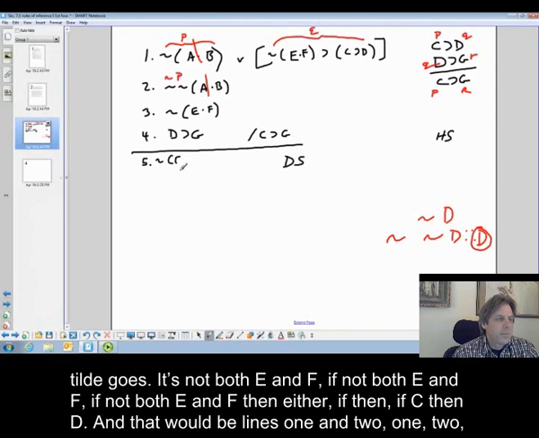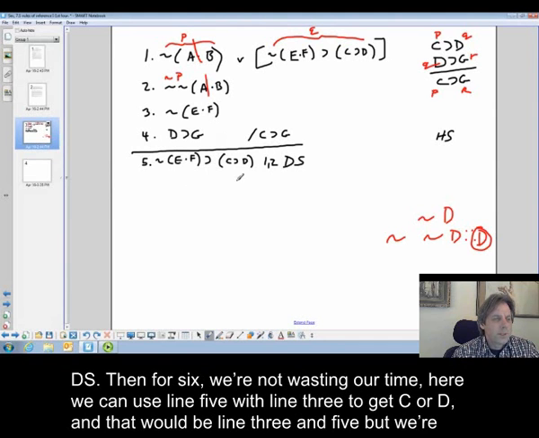It's not both E and F. If not both E and F, then if C, then D. And that would be lines 1 and 2, DS. Then for 6, we were not wasting our time.